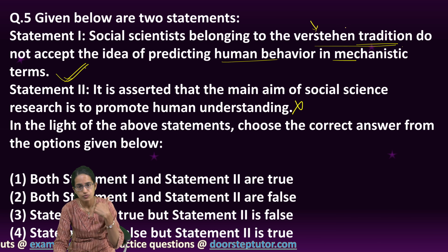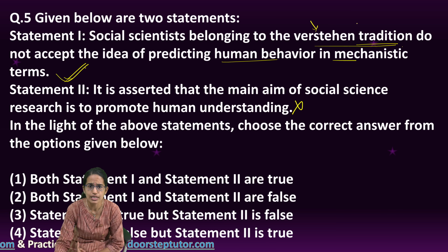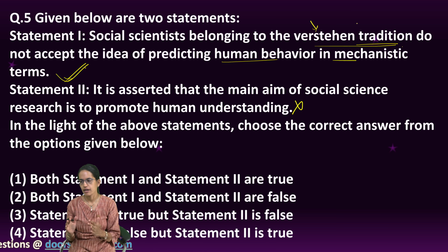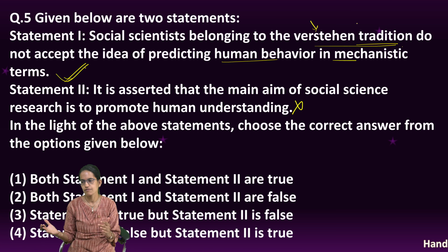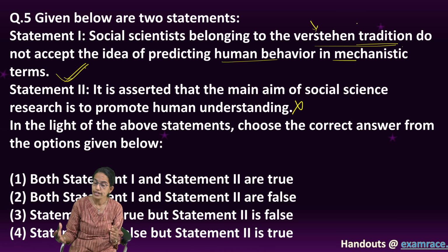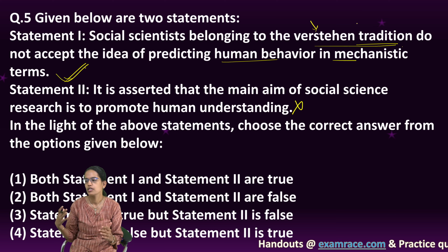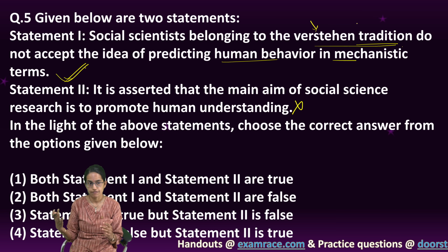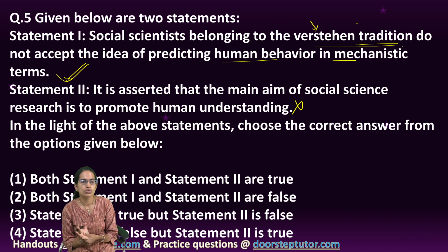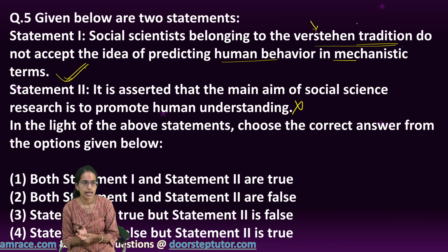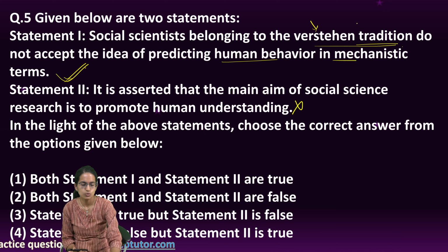One is direct observation that you see. The other is explanatory understanding about the sequence of motivation, why things occur in a certain fashion, and the qualitative approach towards various aspects in life. So those are the two things that we understand here. Clear? So statement 1 is correct, 2 is incorrect.